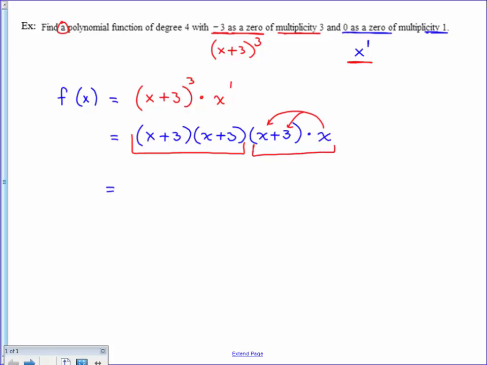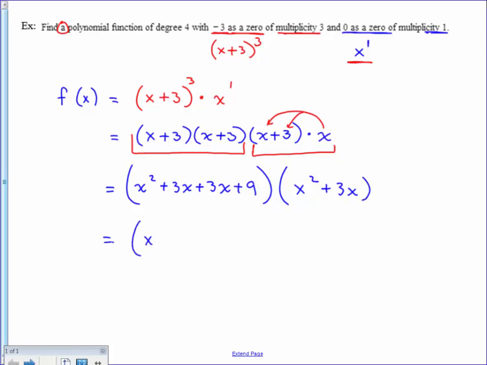So FOILing the first two, I would get x squared plus 3x plus 3x plus 9. That's still in parentheses, and then multiplied, distributing the x, I would have x squared plus 3x. There are some terms in the first group that I can combine, so x squared plus 6x plus 9, and then I'd be left still with the x squared plus 3x.